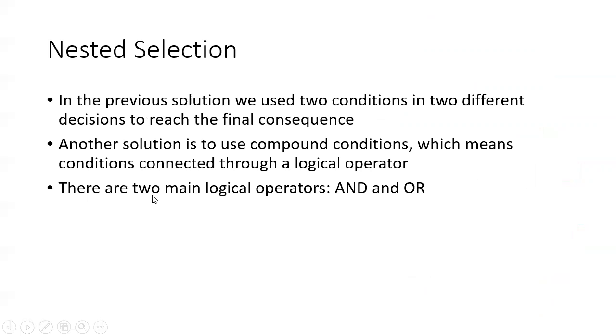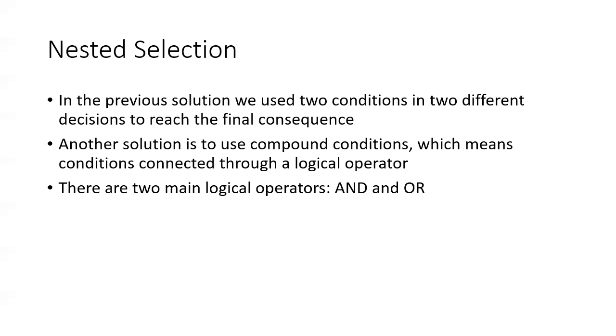Okay. Now, the point that we've got to in this lecture, and this will sort of finish it off, is we're going to look at what if we put two conditions together in the same sort of decision box. We can do that. We can say this condition and that condition, or we can say this condition or that condition.